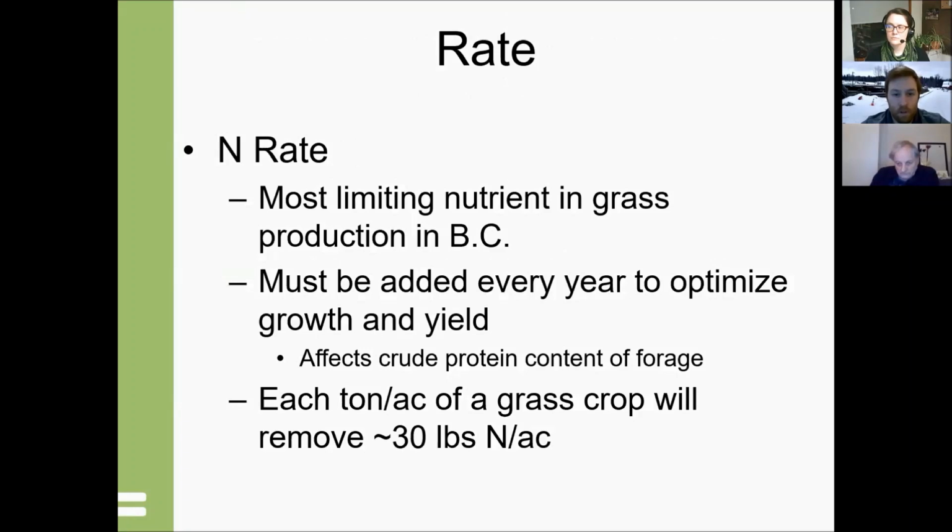I'm sure a lot of you know that it also affects the crude protein content of your forage. And as you saw earlier in the table at the very beginning of this presentation, each ton per acre that you remove from a grass crop will remove around 30 pounds of nitrogen. So if you're getting several tons per acre yield, then you probably need to add close to 100 pounds of nitrogen per hectare just to recover what's removed.